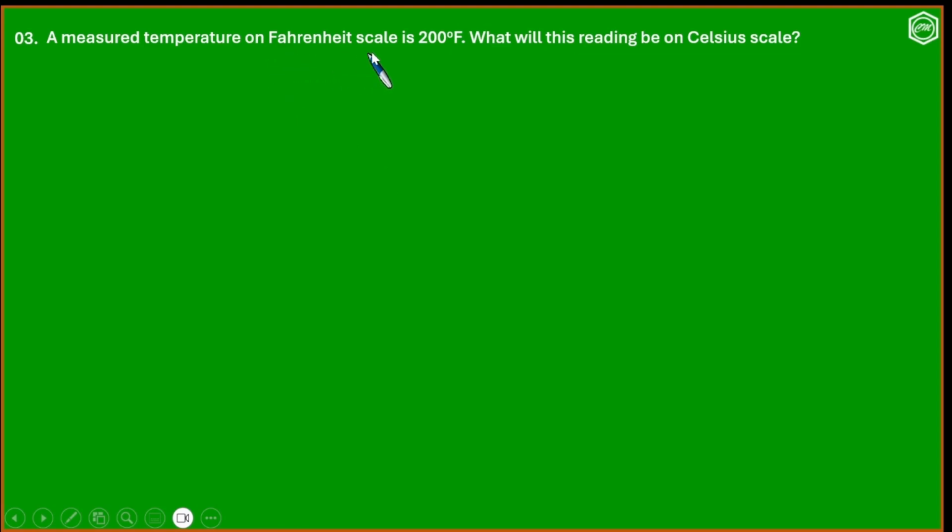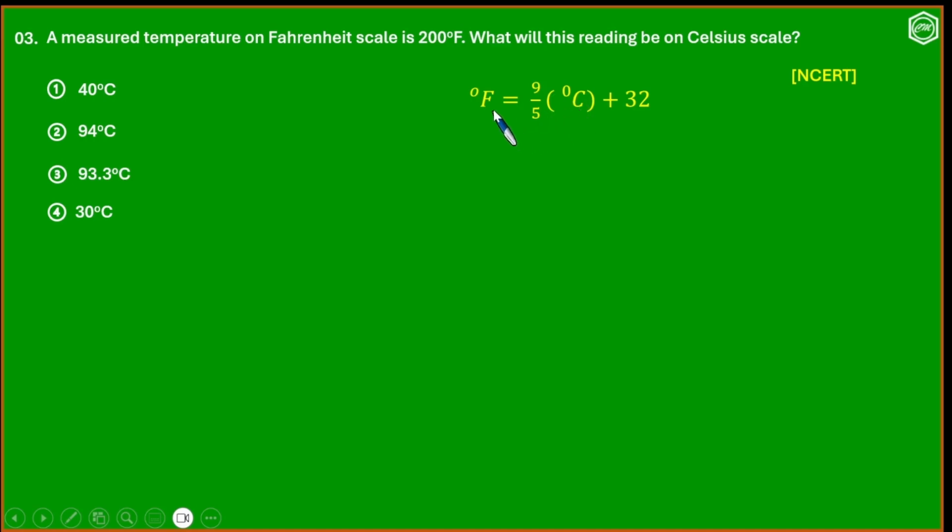Question 3. A measured temperature on Fahrenheit scale is 200 degree Fahrenheit. What will this reading be on Celsius scale? Option 1, option 2, option 3, option 4. So we can use the conversion equation. Degree Fahrenheit is equal to 9 by 5 into amount in degrees Celsius plus 32.